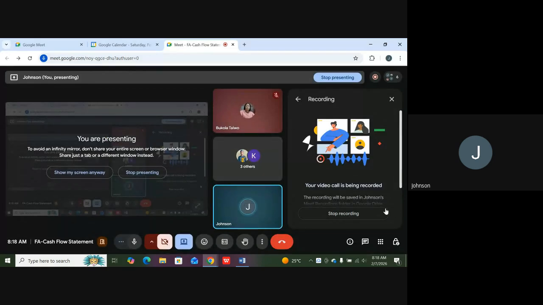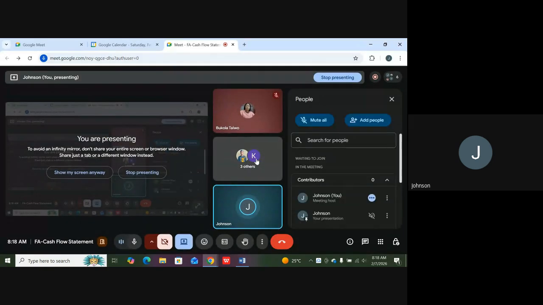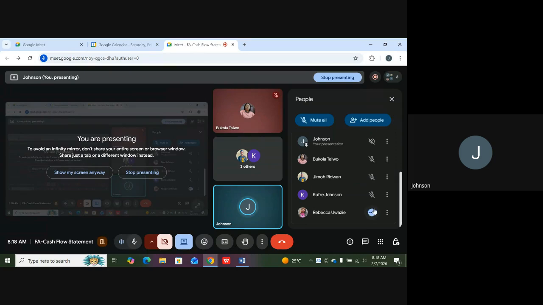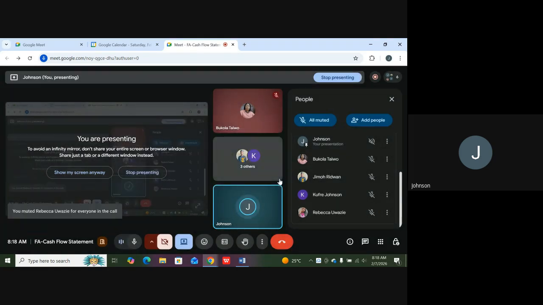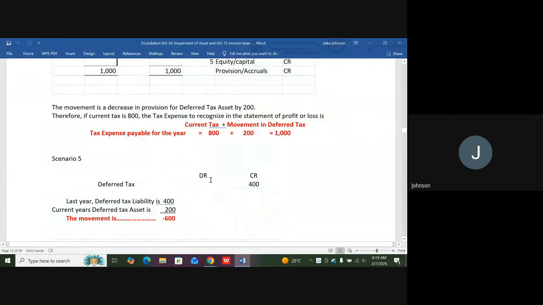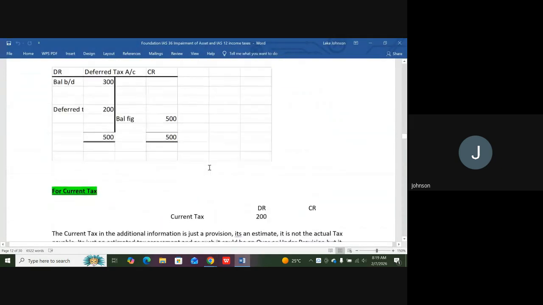There are certain accounts that are compulsory for us to prepare at every point in time. One of those very important accounts is IAS 7, which talks about the statement of cash flows.